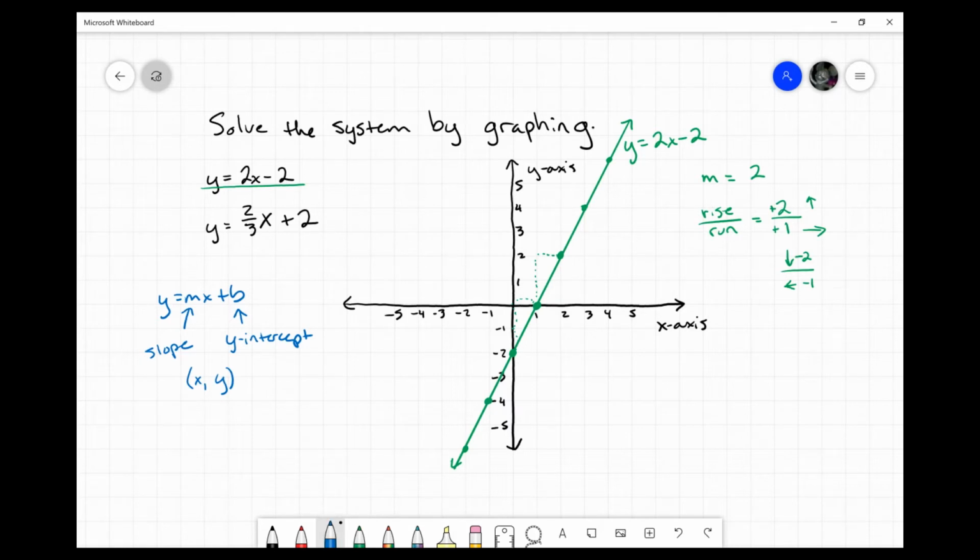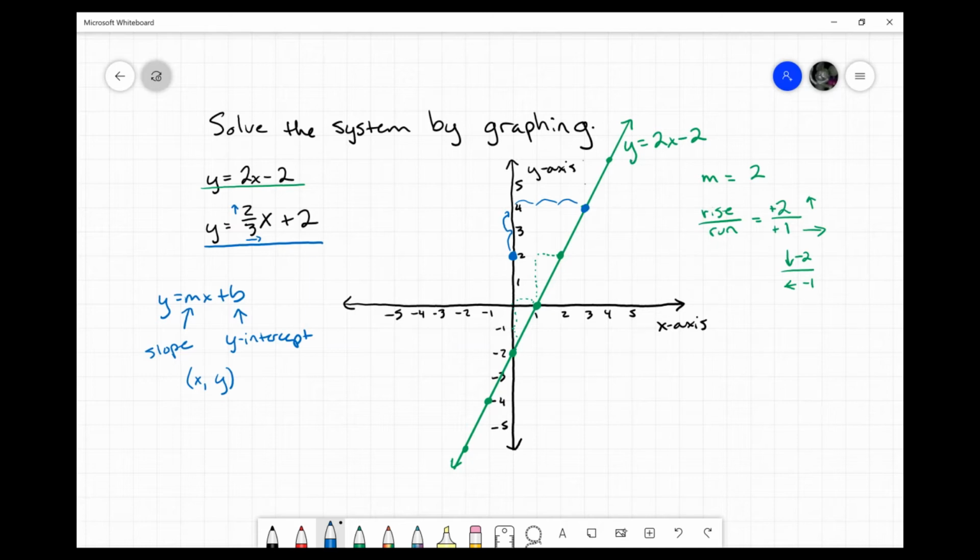The second equation that we need to graph, I will show in blue. We see it's y is equal to 2/3 x plus 2. So again, I start with the y-intercept. That is a positive 2. And from there, we are going up 2 and right 3. Movement is what counts, not the starting point, and over 1, 2, 3, and I plot a point.